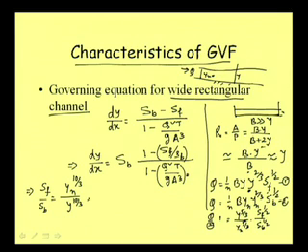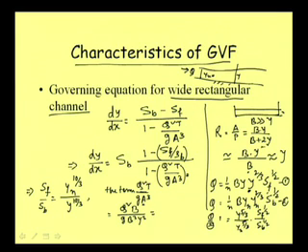And then what about the term Q square T by g A cubed? We are now talking in terms of a wide rectangular channel, so this T becomes B. So this is equal to Q square, in place of T we write B, and g in place of A we write B cube Y cube.